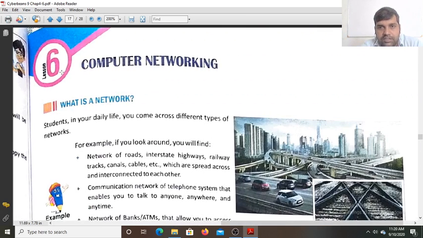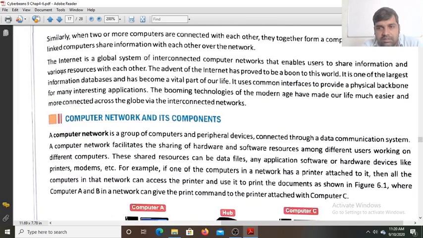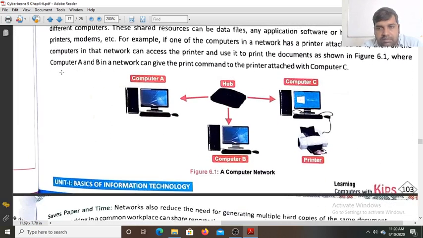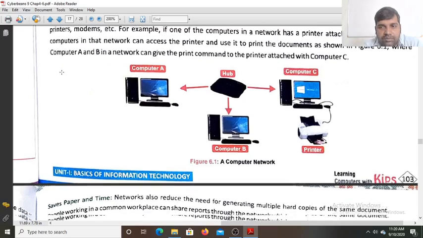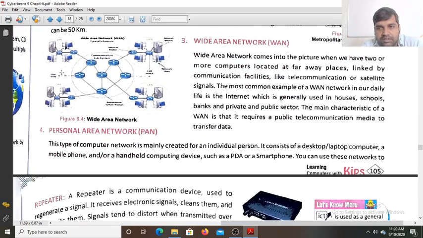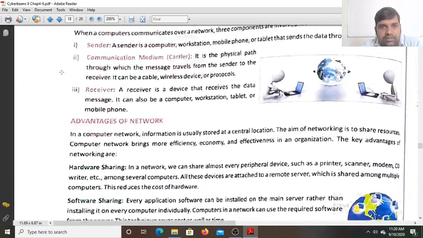So this lesson, computer network, page number 103. After that we are expecting page number 104, but it is page number 105. Now it is page number 104.